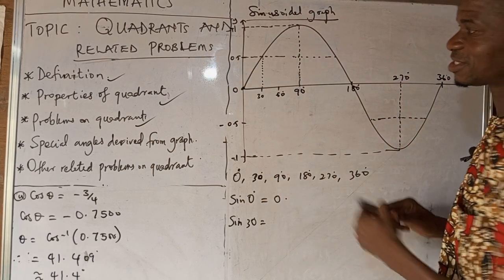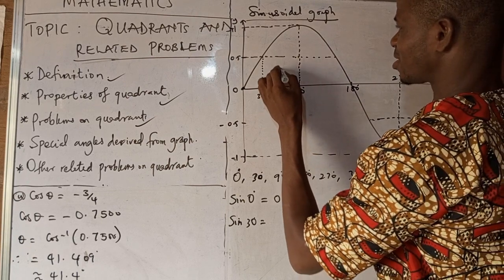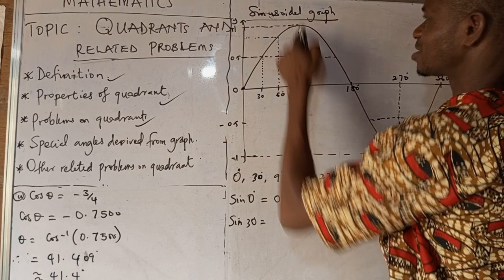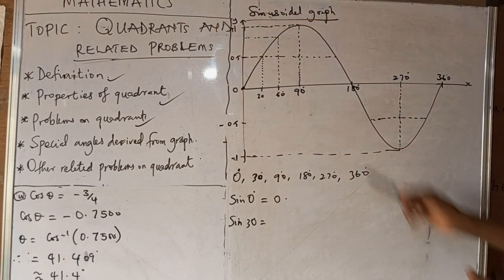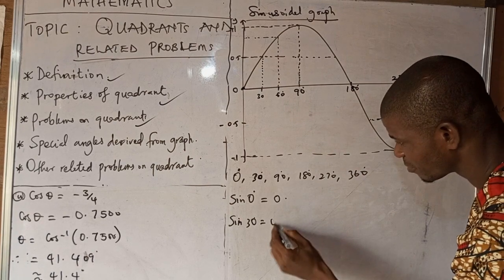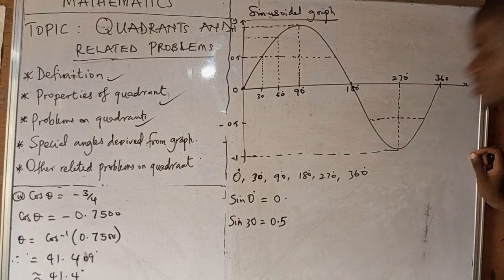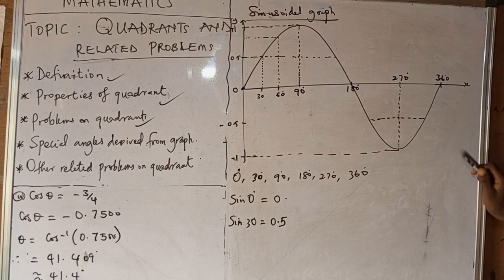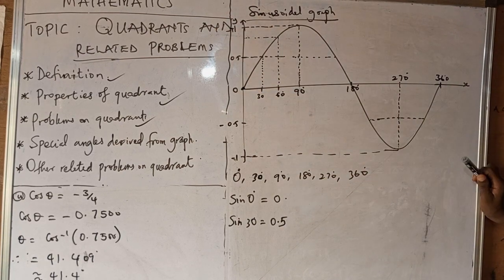Then look at my 60 if I take it further. So sine 30 is equivalent to 0.5. Then for 60, as you can see here, that is 0.7 something or 0.8, closer to 1.